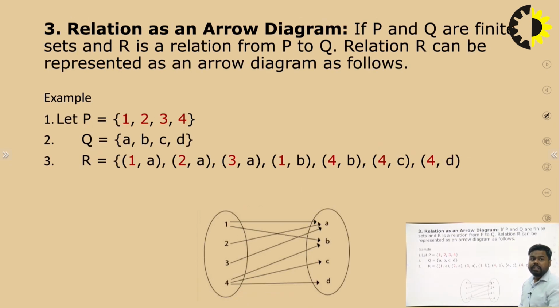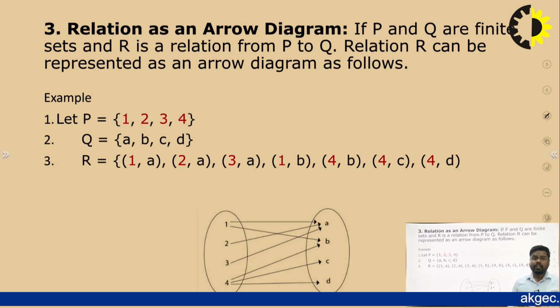Now next, relation as an arrow diagram. If P and Q are finite sets and R is a relation from P to Q, the relation R can be represented as an arrow diagram.